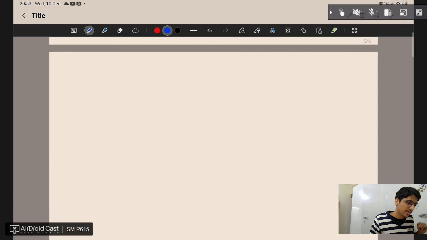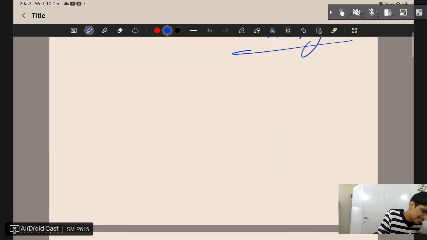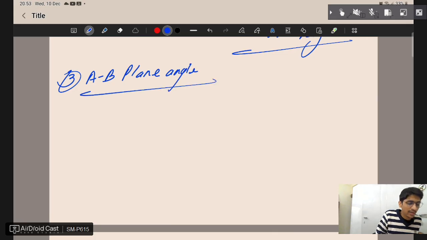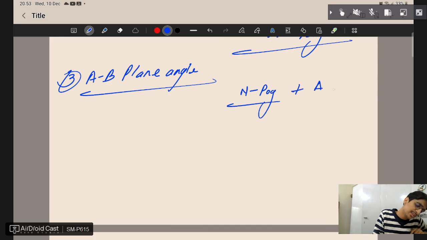So now we are coming on to the third thing, that is AB plane angle. Now the AB plane angle, guys, just visualize both the landmarks A and B in the graph. We have to combine the value of NPOG, the reference plane NPOG, with AB.